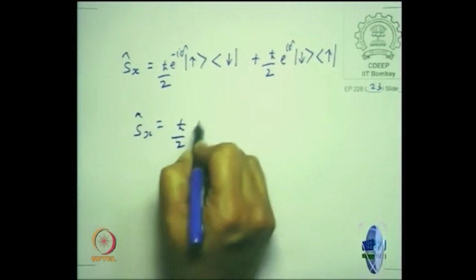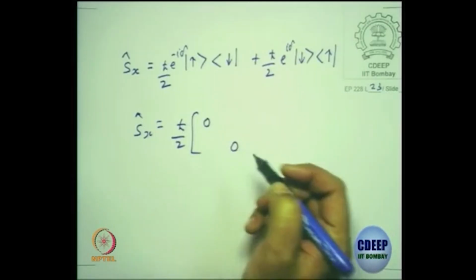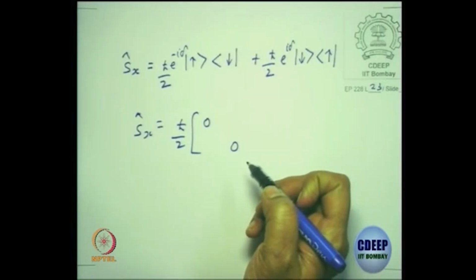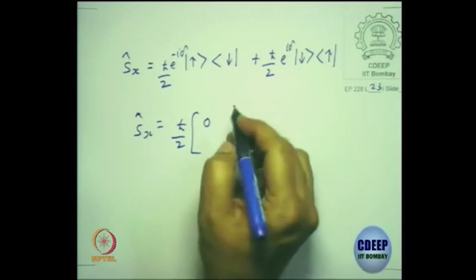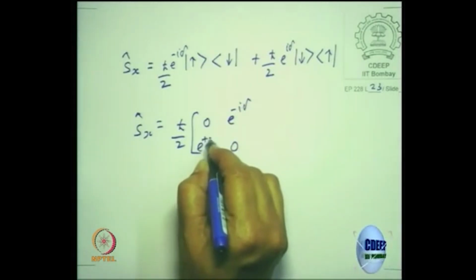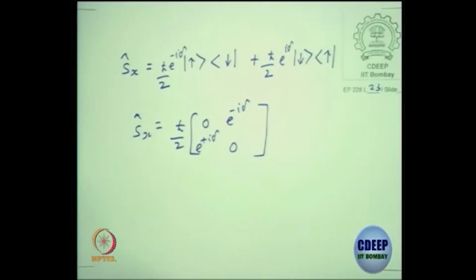H cross by 2, I will take it out. Diagonal is 0, right? Off diagonal is the other way around or this way. So again traceless.